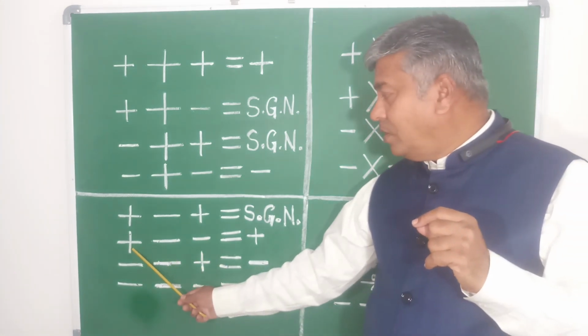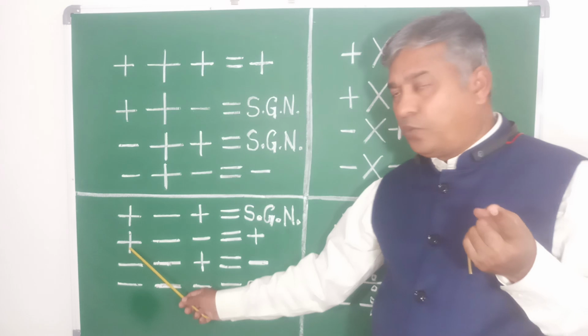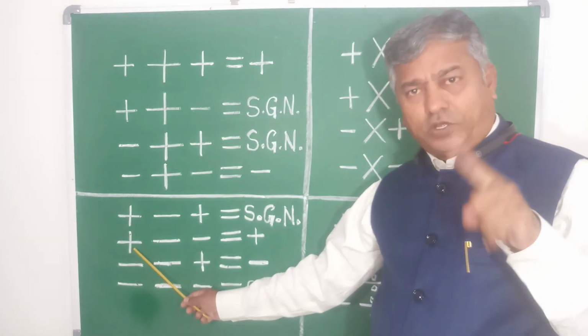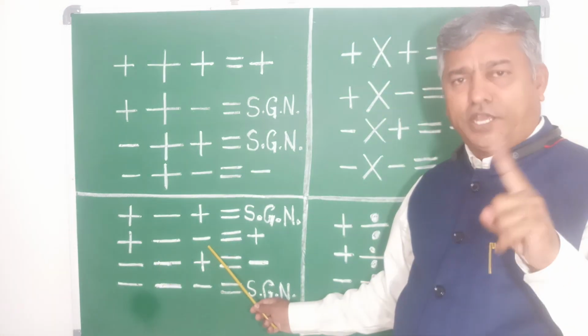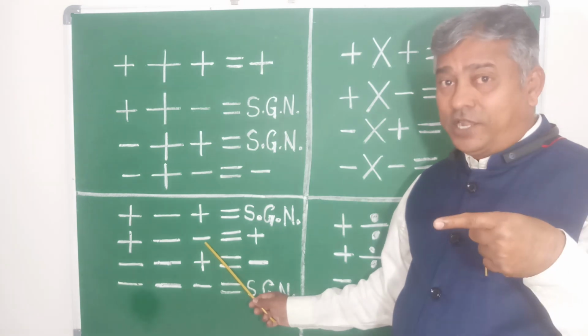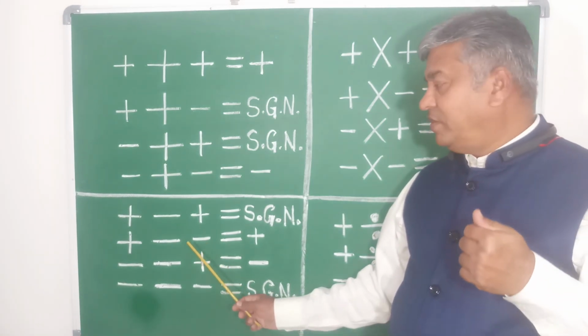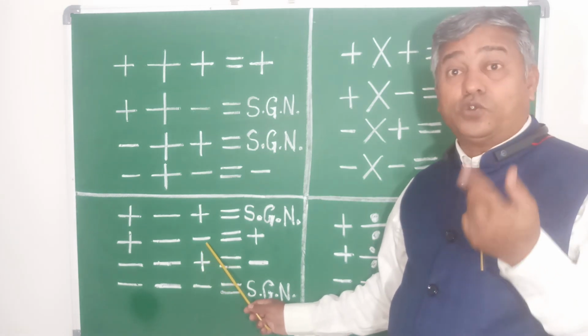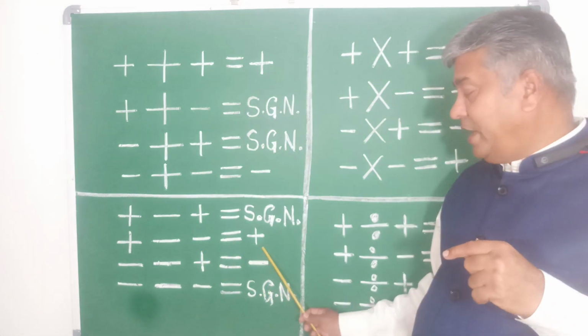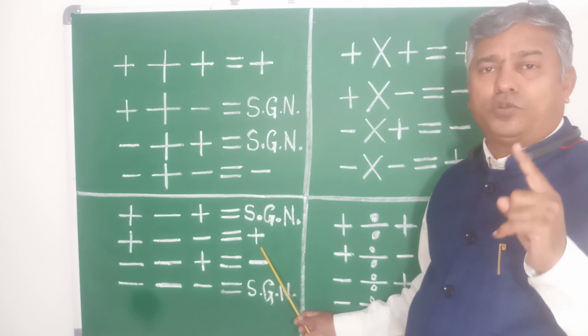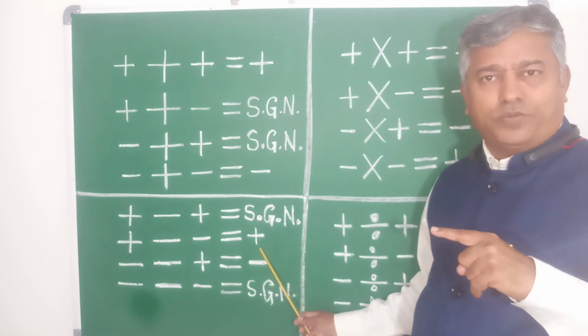So the subtraction where the first is positive and the second is negative, that second negative becomes positive. So subtraction of such two numbers should be added and their sign should be taken as positive.